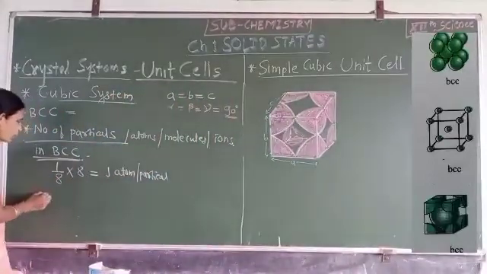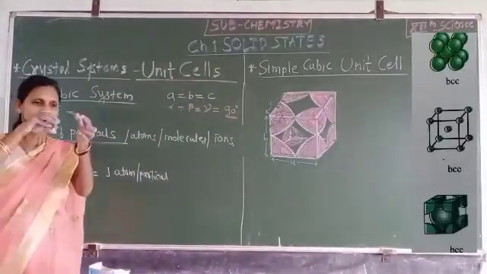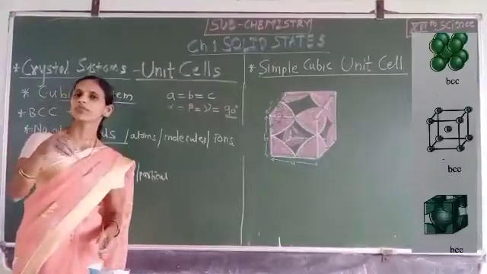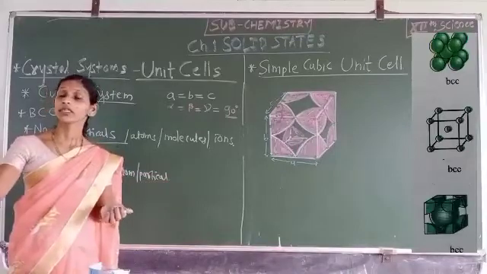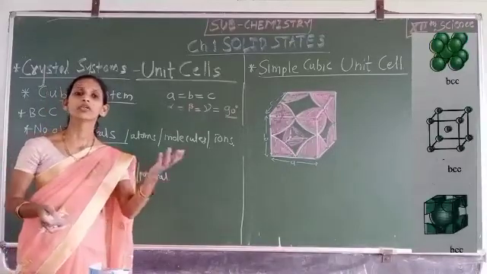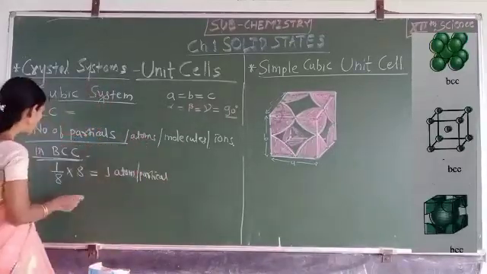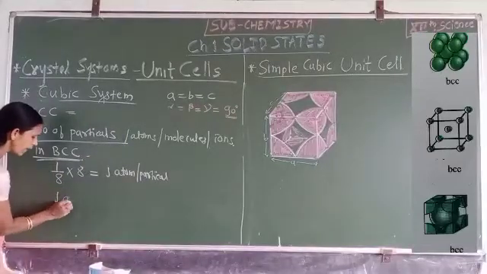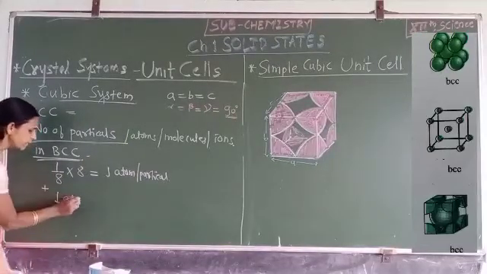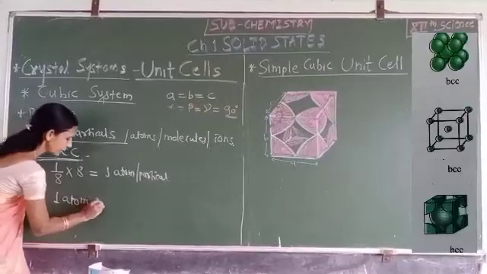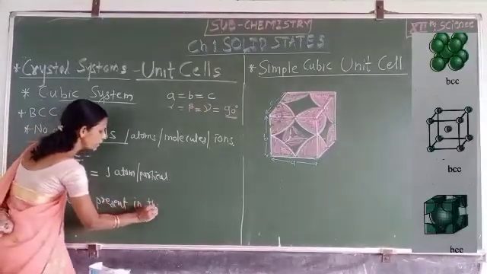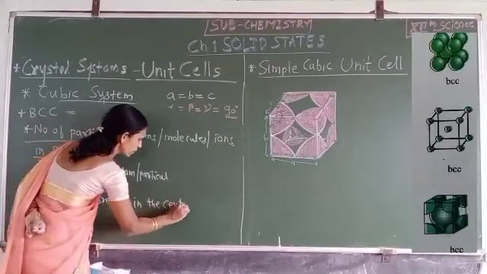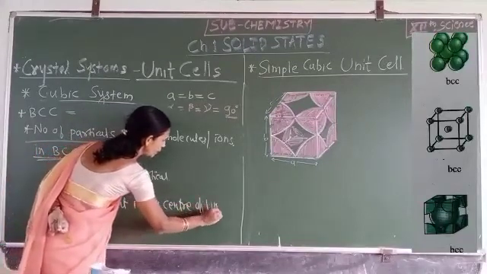Therefore that one particle present inside the body of that unit cell cannot be shared by other unit cells. That means there is 1 extra atom present in the center of the unit cell.